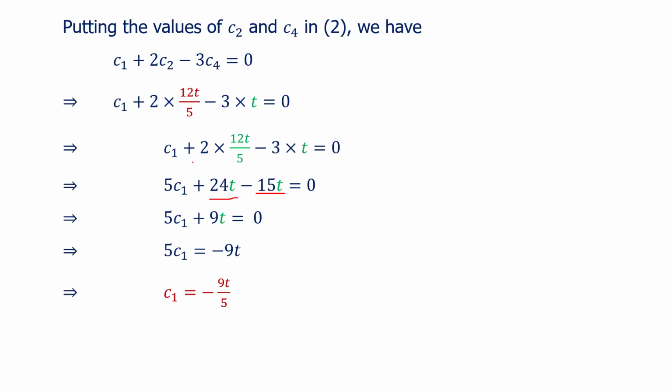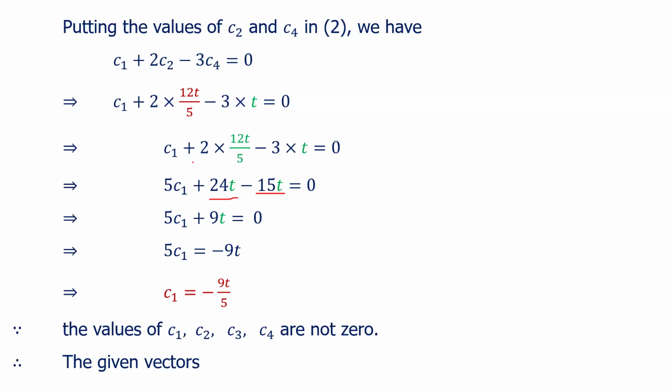Hence, we obtain all the values of C1, C2, C3, and C4, and they are not zero; we say that they are non-zero. Therefore, the given vectors are linearly dependent. Now we want to find the relation among the vectors.